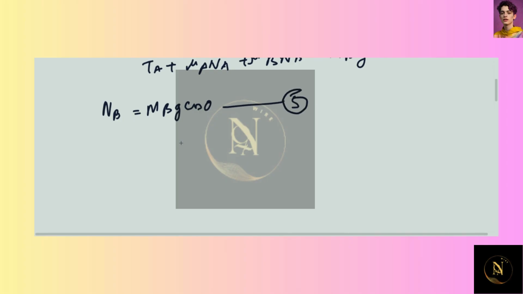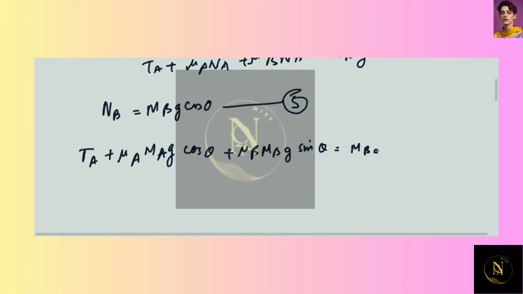So putting the values of 5 and 4, we get TA plus mu A MAG cos theta plus mu B MBG sin theta is equal to MBG sin theta. Let's take it as 6.